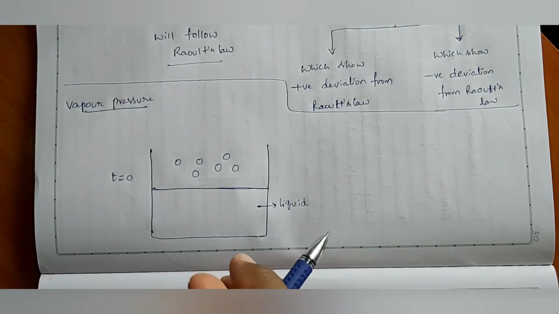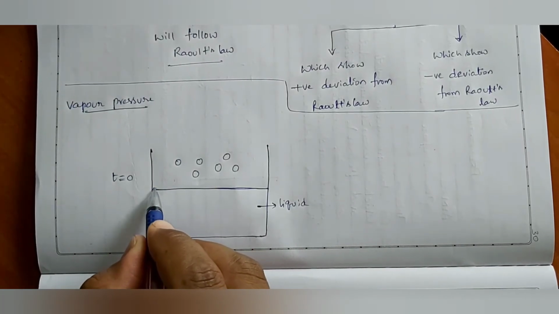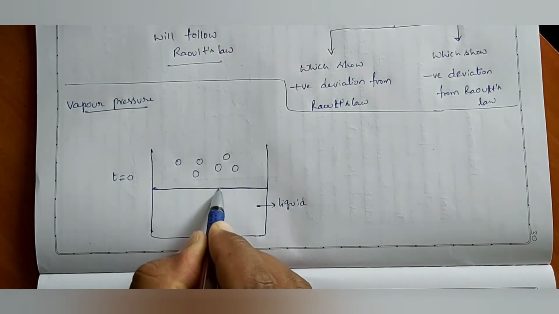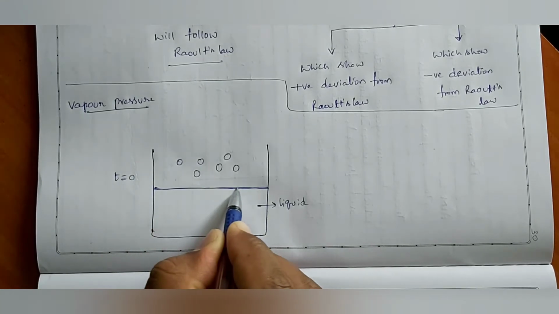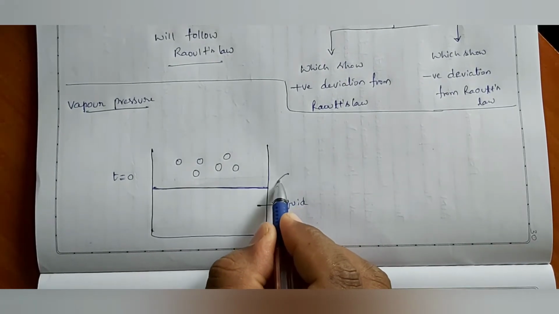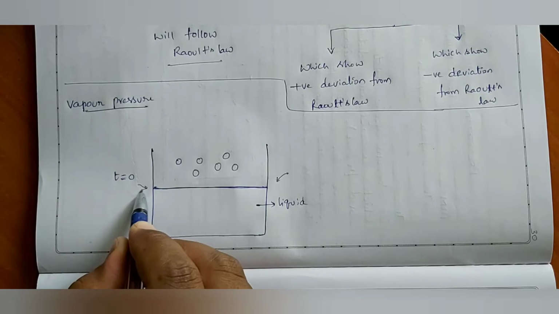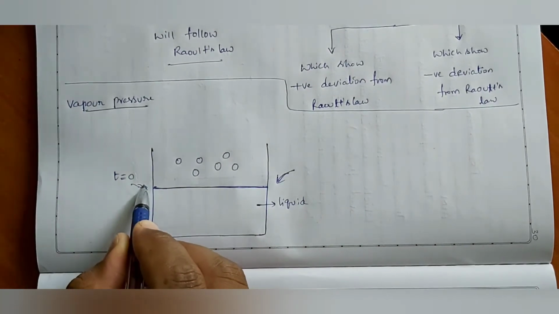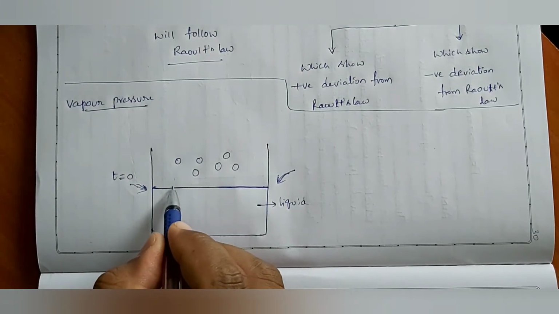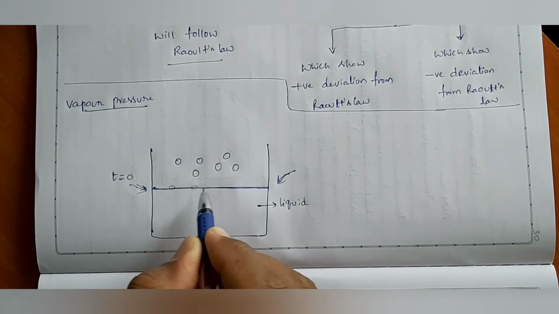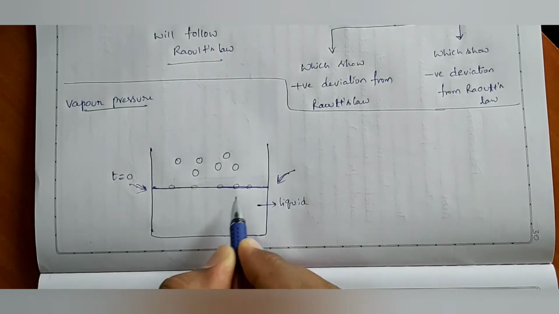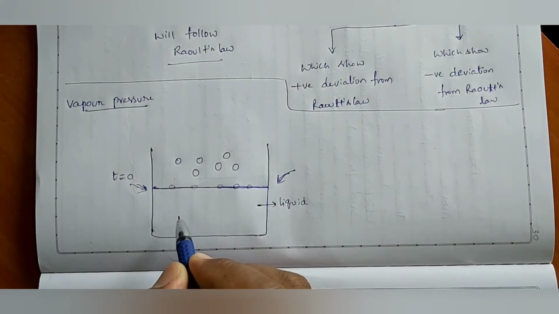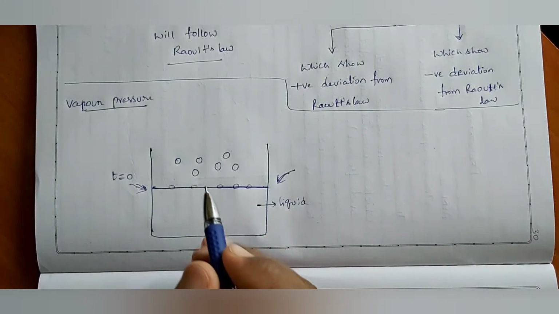How will they convert to gas? Because the surface molecules present in the liquid will attain energy from the surroundings. After getting the energy from the surroundings, they have enough energy to convert to the gas state.